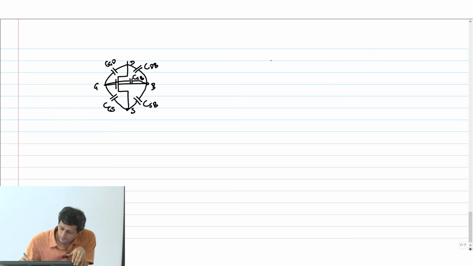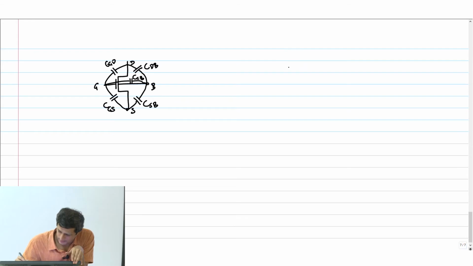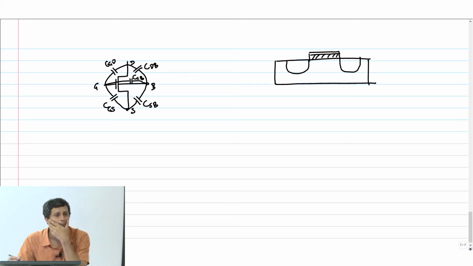So now we first consider the regular device where the manufacturing was perfect, in the sense that wherever this diffusion finishes, exactly there the gate will start.